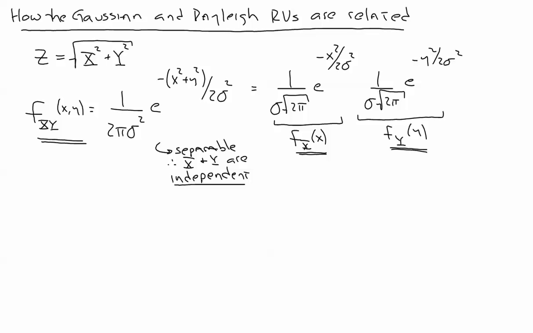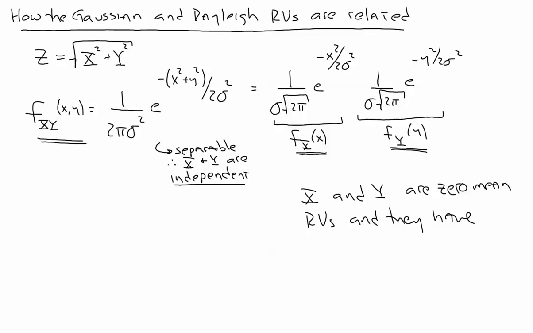Gaussian. You'll notice for both x and y have zero mean. All right, there's zero mean random variables, and they have the same standard deviation.